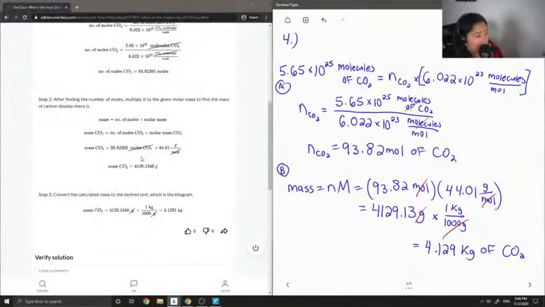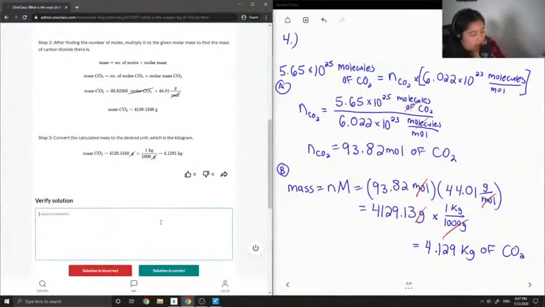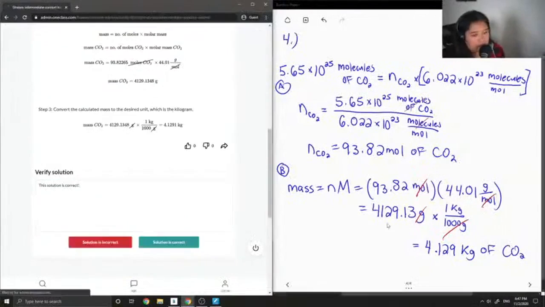So they got 4,129 grams. And step 3, convert the calculated mass to the desired unit, 4.129 kilograms. Okay, so this solution was correct.